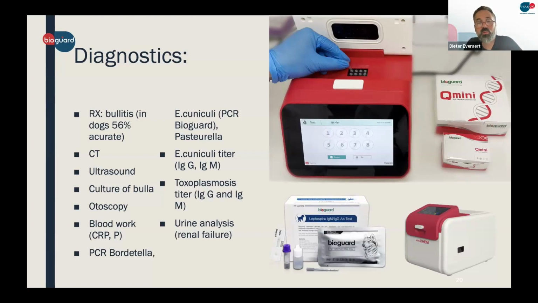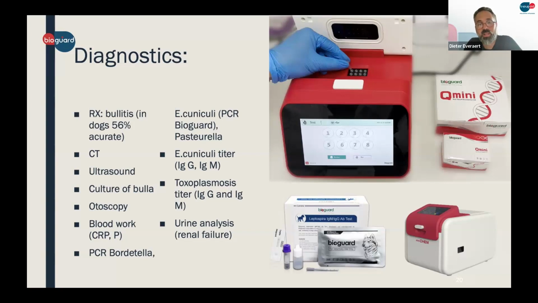So the gold standard is still CT. If you're really skilled with ultrasound, you can do an ultrasound of the bulla. And as said, culture of the bulla is quite important. Otoscopy is used to rule out external ear infections.